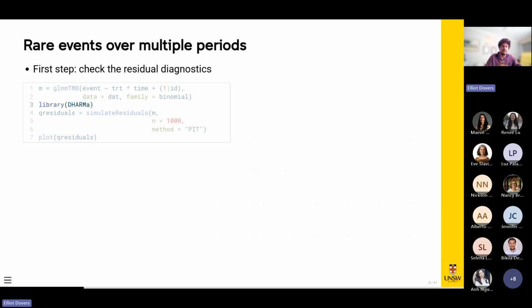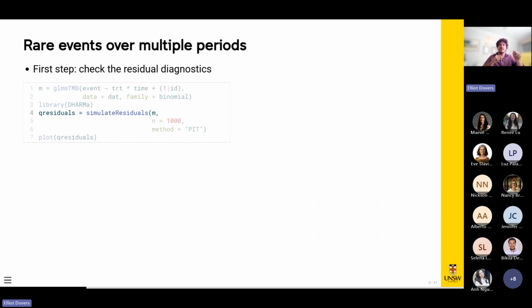In this DHARMa package, we can just use the simulateResiduals function for things like binomial and Poisson distribution GLMs. That gives us quantile residuals, which under the model assumptions should be roughly normal and should have a homogeneous variance.